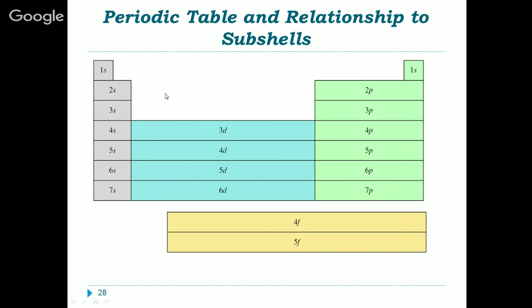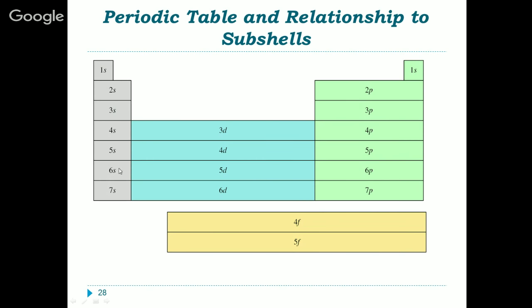So once again, we're just reading left to right across our periodic table. So it tells us we go 1s to 2s to 2p to 3s to 3p to 4s, 3d, 4p. I hit the end of the row and I just continue to do this, 5s, 4d, 5p, and I'm filling my electrons in those specific orbitals, remembering that maximum of 2 electrons, maximum of 10 electrons, maximum of 6 electrons, maximum of 14 electrons.